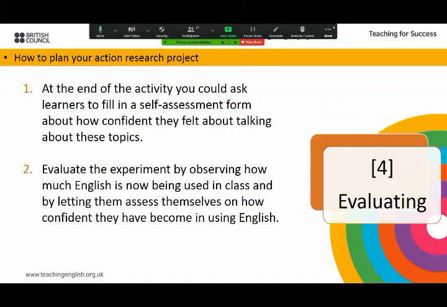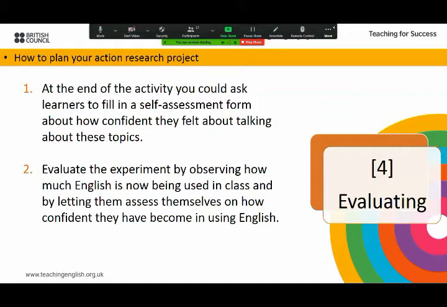Number four, evaluating. At the end of the activity, you should ask learners to fill in a self-assessment form about how confident they felt about talking about these topics.